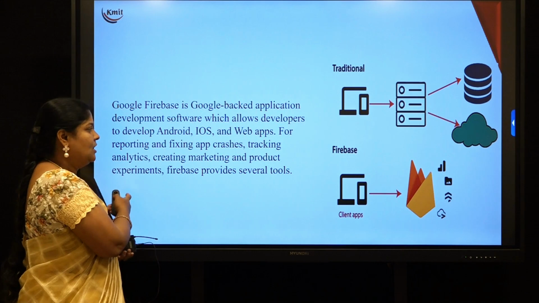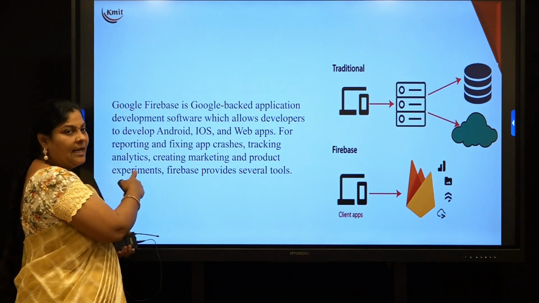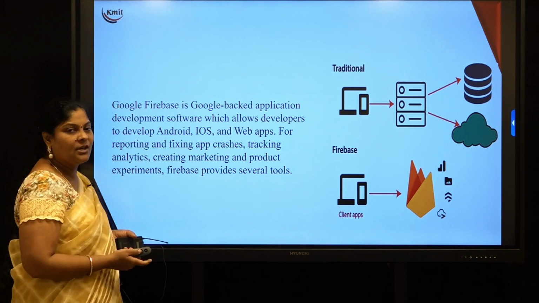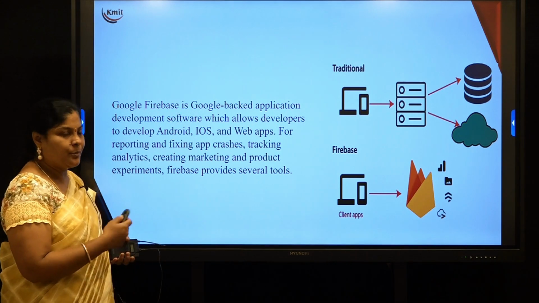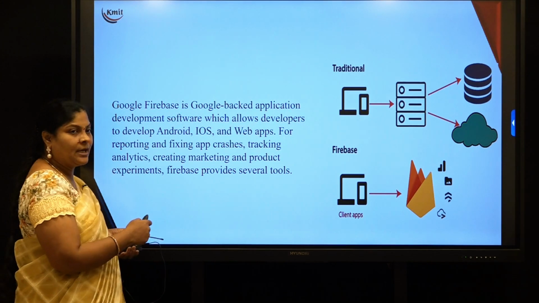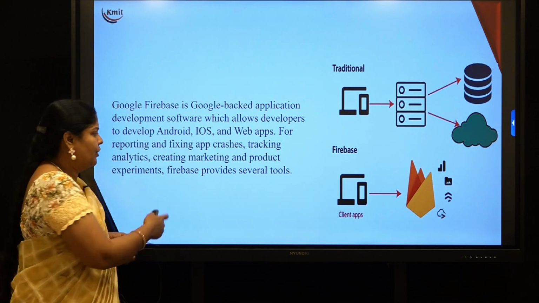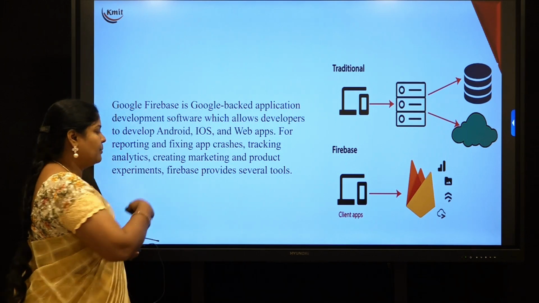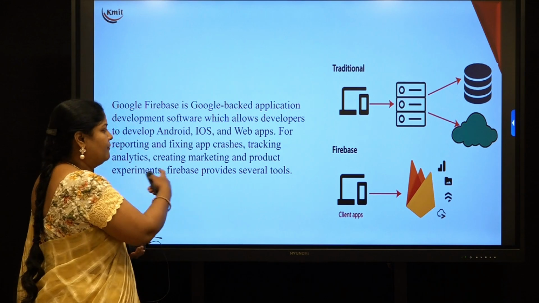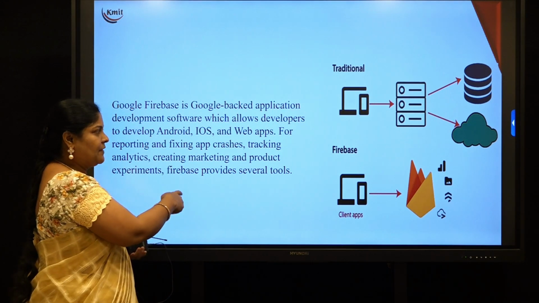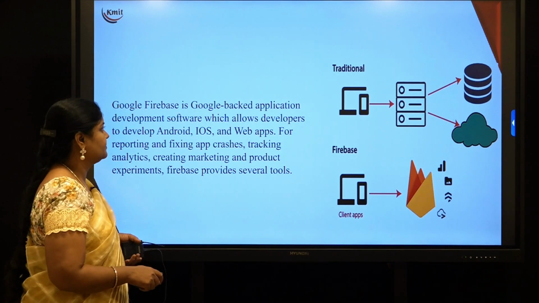Firebase also gives different types of tools for the analytical part. You also have ML tools where you can apply ML algorithms in your program. Using those algorithms you can execute that and you can also apply analytics. In the same way, you can also create marketing and product experiments. Firebase also provides different tools for tracking, for analyzing, for fixing the bugs, creating the apps or creating web applications.